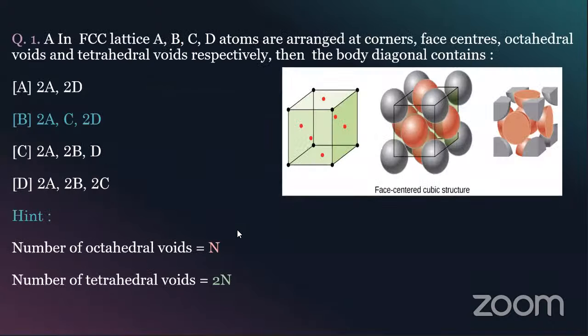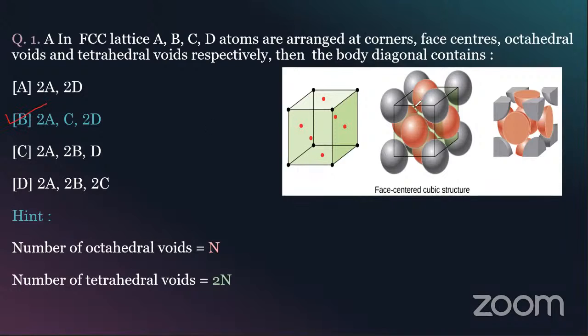For that, I would just like to give you a hint, and this is the hint that you need to remember: whenever you have an FCC crystal, please remember, the octahedral void has to be there. I told you the octahedral void will be there. And here they have not given any octahedral void in option A. They have completely omitted the octahedral void. They are saying that only the tetrahedral void is present. So therefore, the correct answer is B.